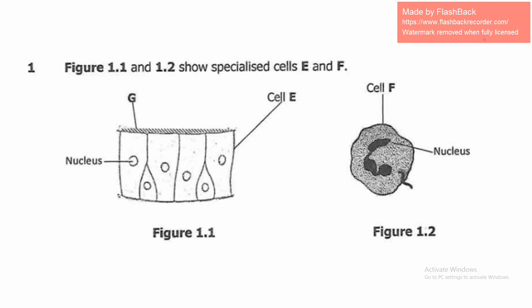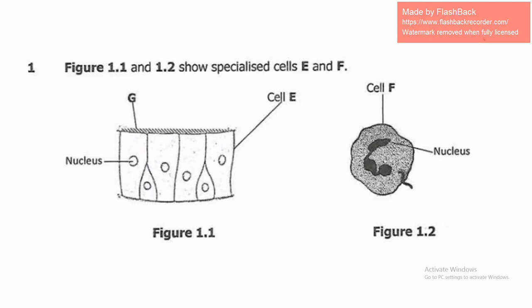So they're saying specialized cells, which means these two cells, cell E and cell F, are specialized. Now what do they mean when they say specialized? From the word specific, that is where this word is coming from. So these cells have a specific function. No wonder we're saying specialized cells.